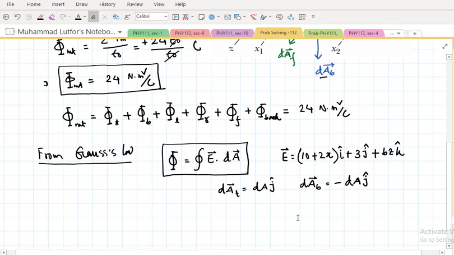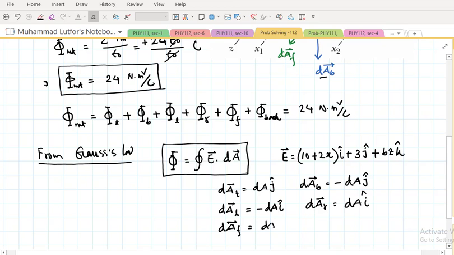Fine. The same way we can write down the other ones. dA left surface would be minus dA i hat, towards the negative x direction, dA right surface would be dA positive i hat, dA front surface I can write as dA k hat, and area towards the back surface should be minus dA k hat, right?